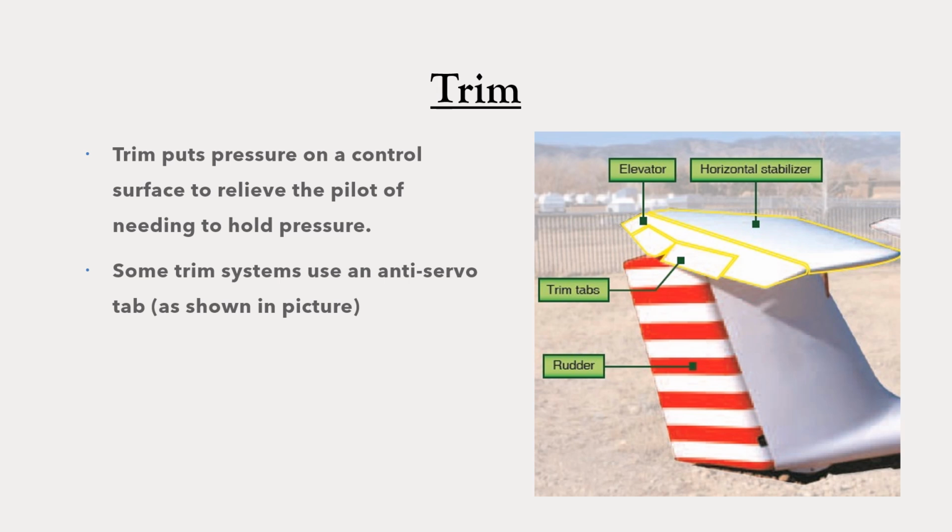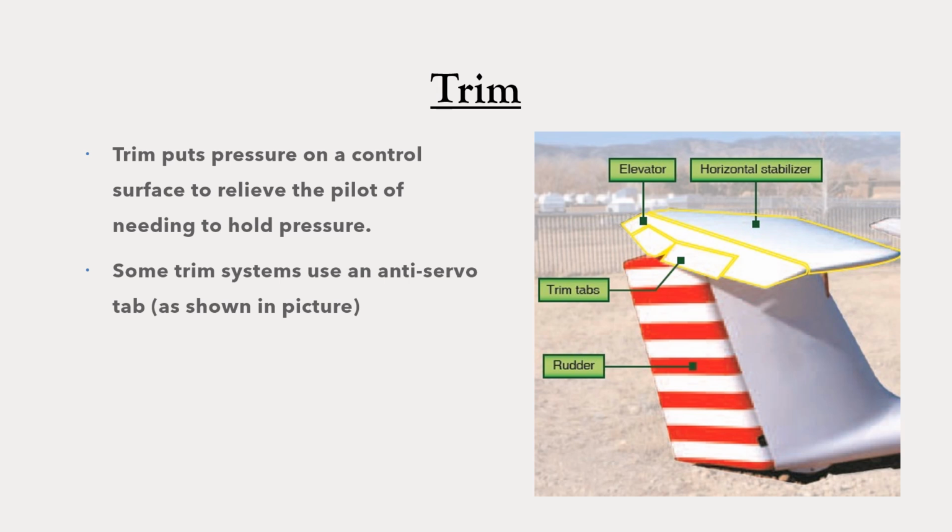So the elevator is at the back of the horizontal stabilizer, and then the trim tab is at the back of the elevator. The trim control moves that surface with respect to the elevator. So if the trim tab is deflected down, there's an aerodynamic force created which tends to deflect the elevator up.